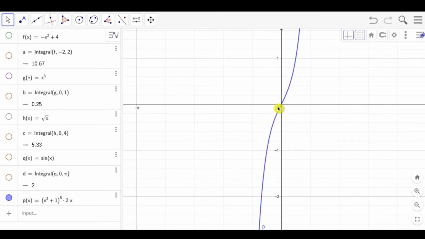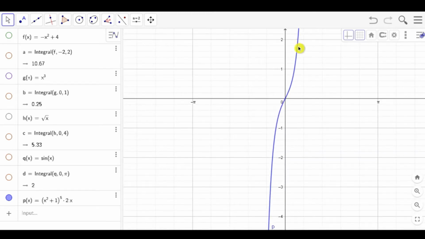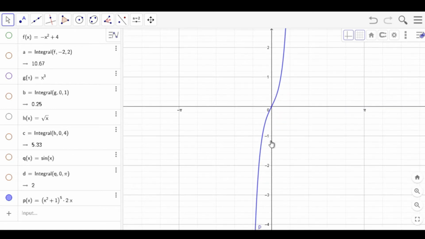Remember again that ang application natin ng integration ay area under curve. So, walang problema dito sa upper part, dito sa first quadrant, kasi under talaga yung area. Pero dito, kunyari, dito yung -1, hindi na siya under, above.